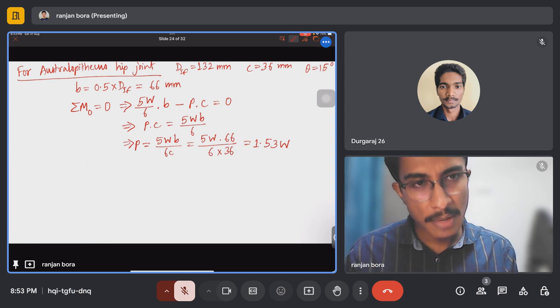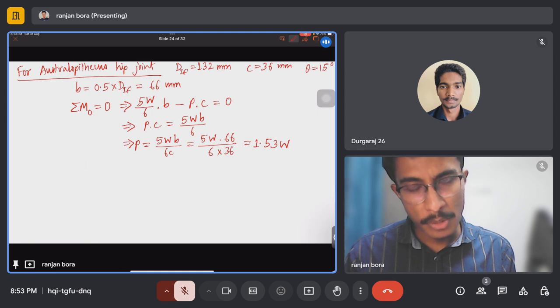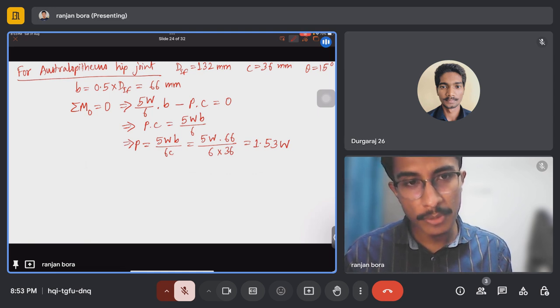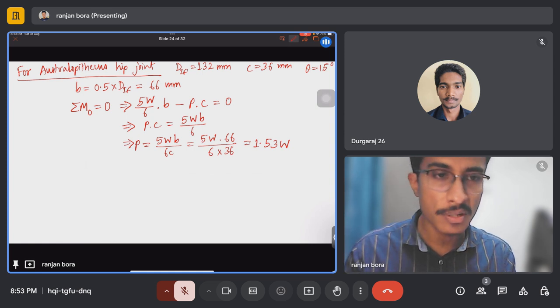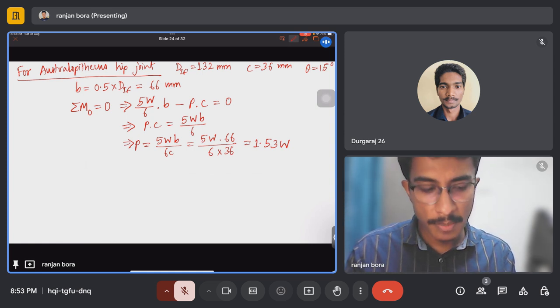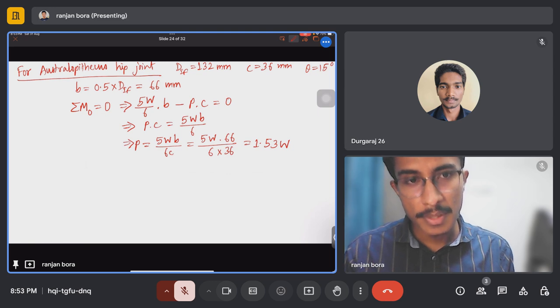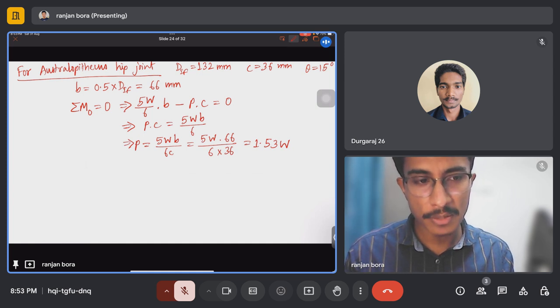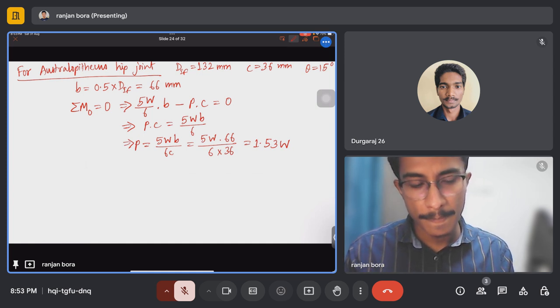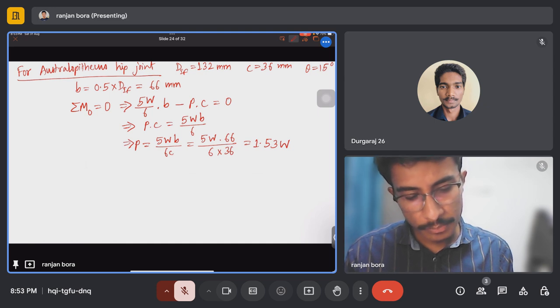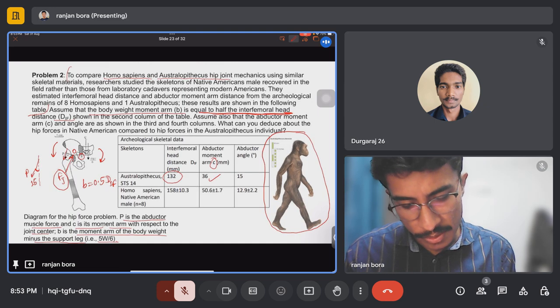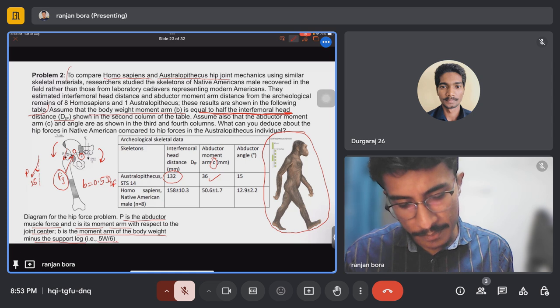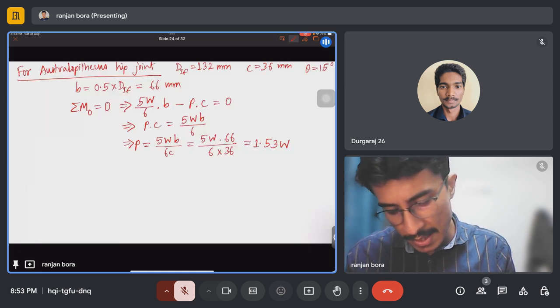So we have found out the value of P, 1.53 W. Now you can use the force vector method to solve this problem. Like we can construct a triangle using these force vectors which are given to us. What are the forces? Like one force is in the vertically downward direction, 5W by 6.